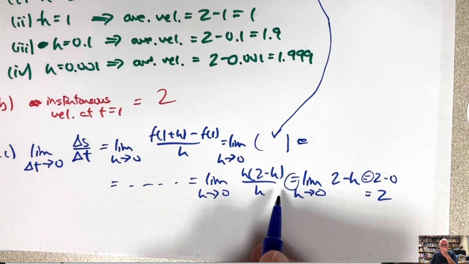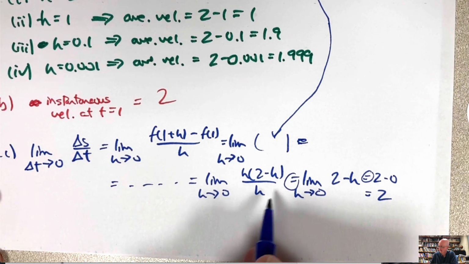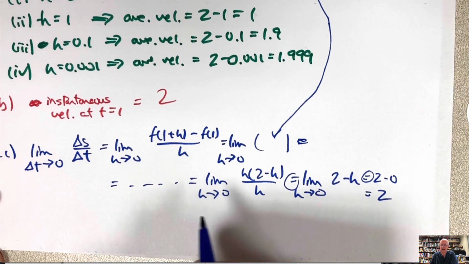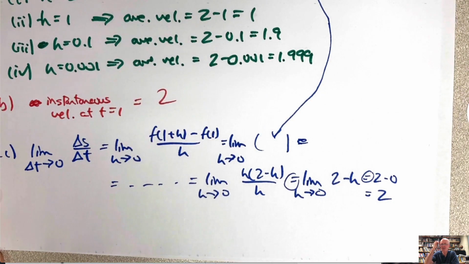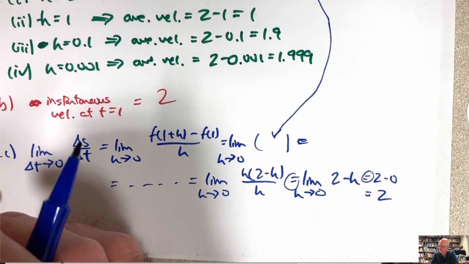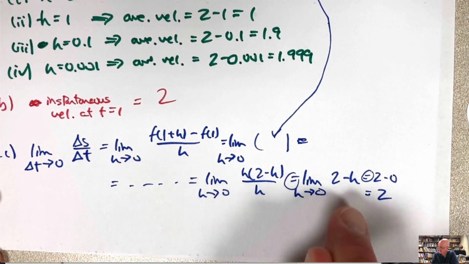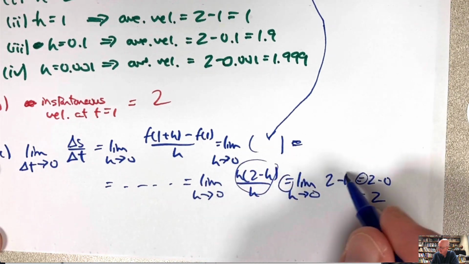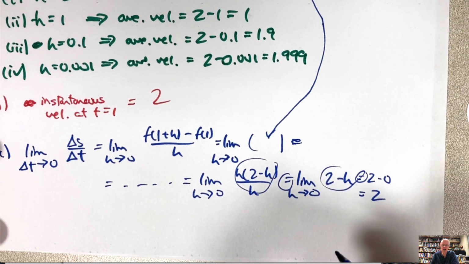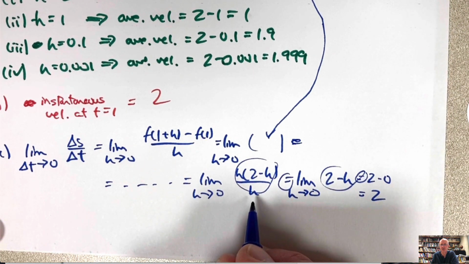I'm letting h approach 0. Lim h goes to 0 means h is getting closer and closer to 0 without actually equaling 0. How can I say these two limits are the same? Because these functions of h here and here are only equal when h is non-zero, because this one's undefined when h is 0, because you can't divide by 0.